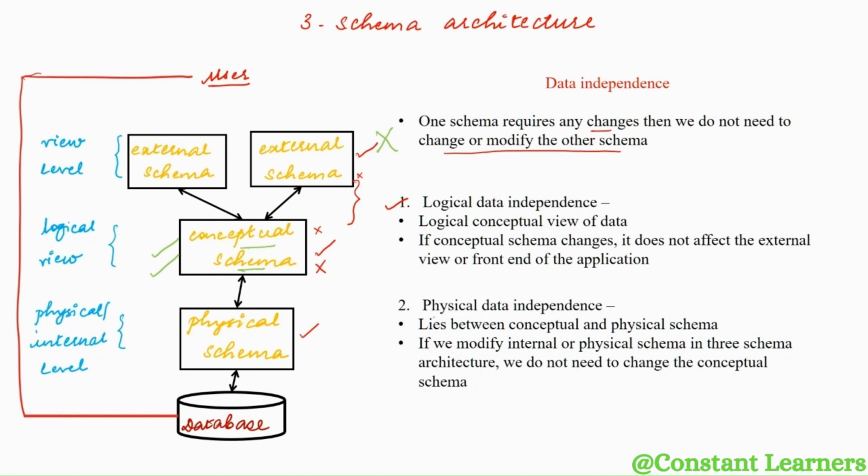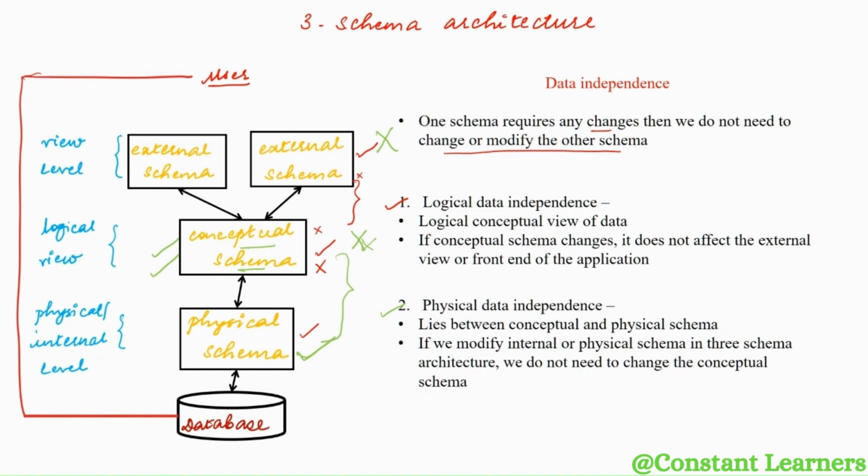Second is physical data independence. What happens in physical data independence? Physical data independence lies between the conceptual schema and the physical schema. It states that if we wish to modify the physical schema, we do not necessarily need to modify the conceptual schema. That is, we can change the physical structure, the physical location or access path of the data without changing the conceptual schema, that is, without changing the tables or columns or constraints.